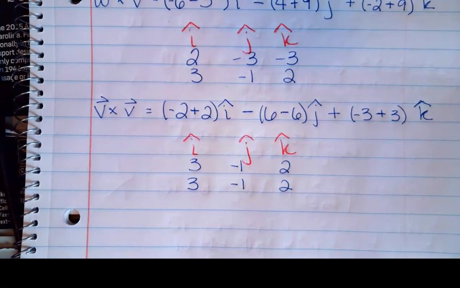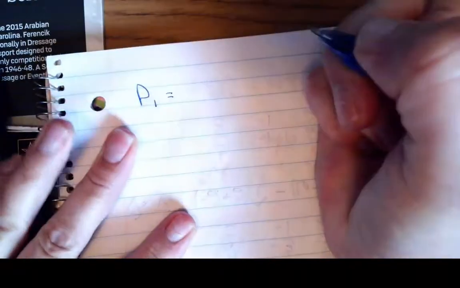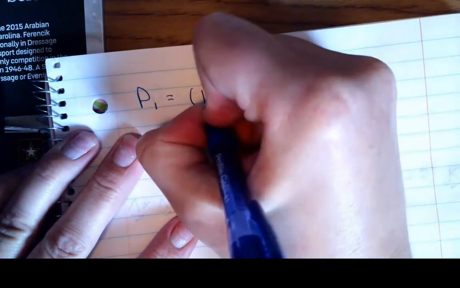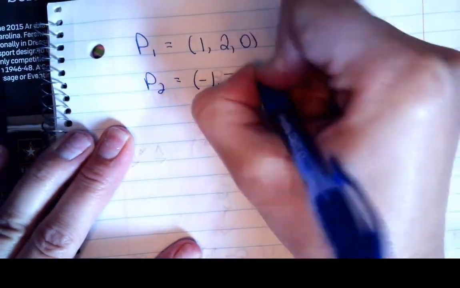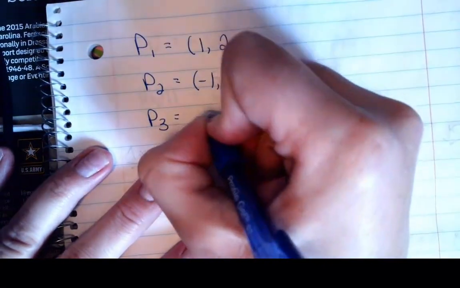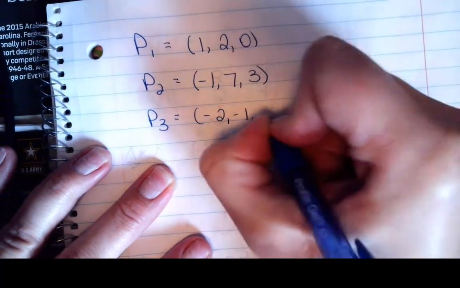We want to find the area of a parallelogram given that I have, hang on, P1 is going to be the point 1, 2, 0. P2 is going to be the point negative 1, 7, 3. And P3 is going to be the point negative 2, negative 1, 2.